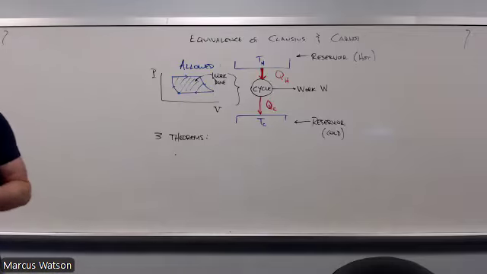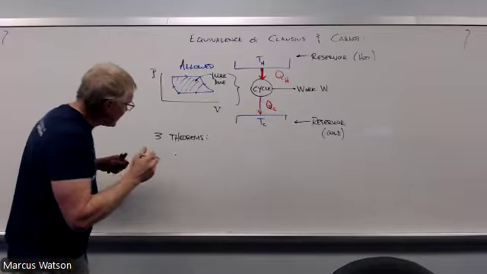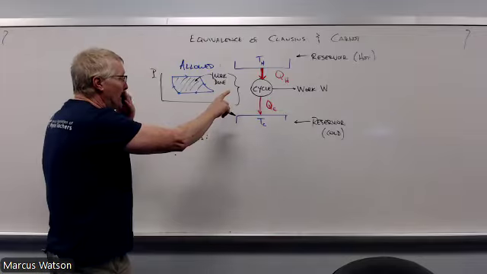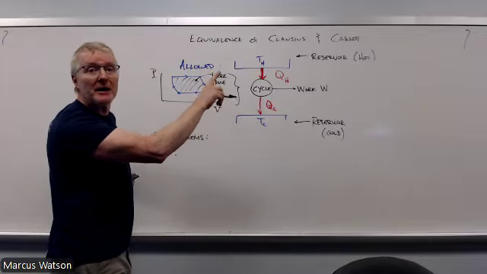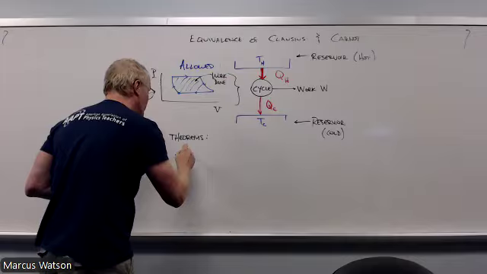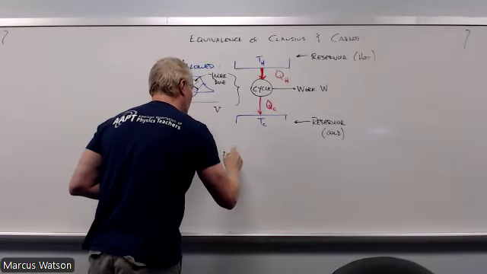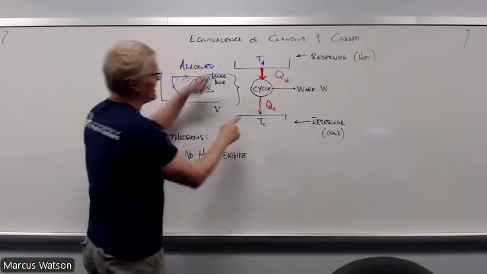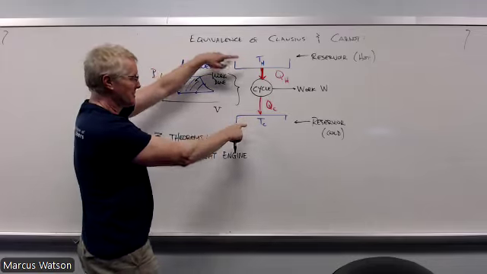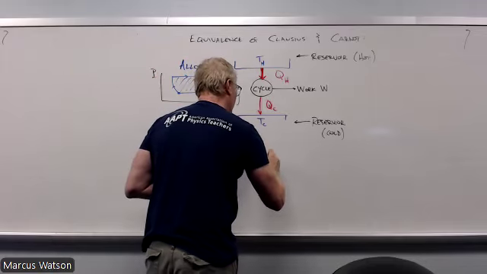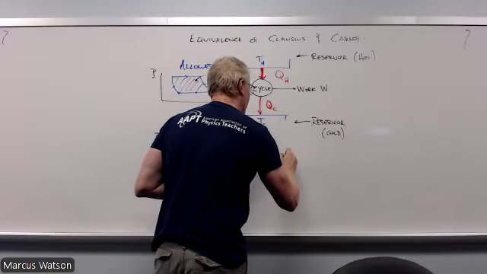All right, so our three theorems here is that there's no way to do better than a reversible process, right? So no heat engine that is operating between these two temperatures is going to be better than a reversible one.